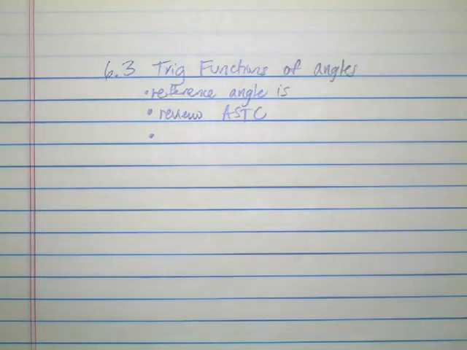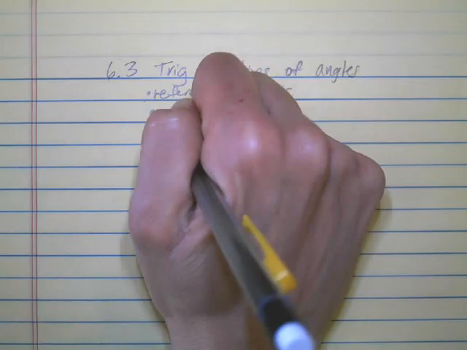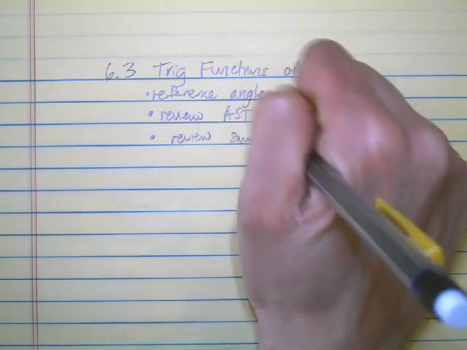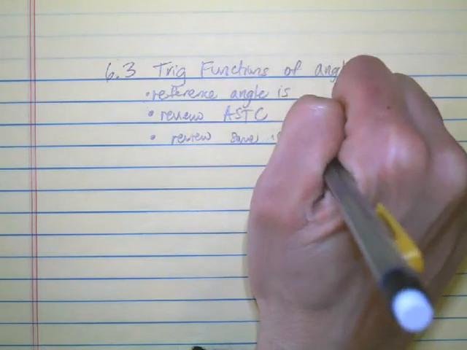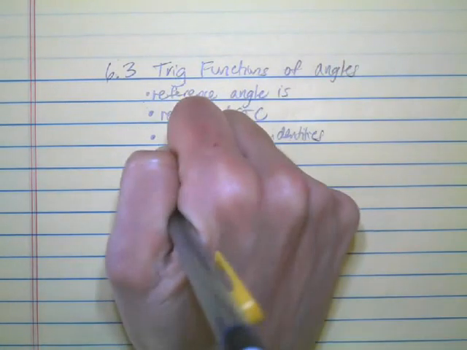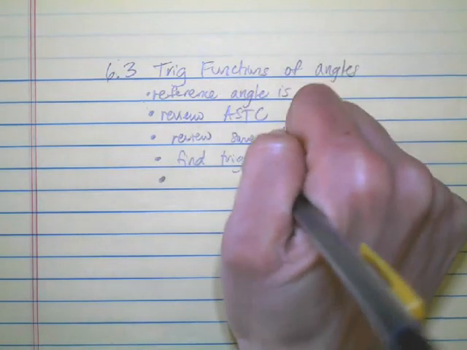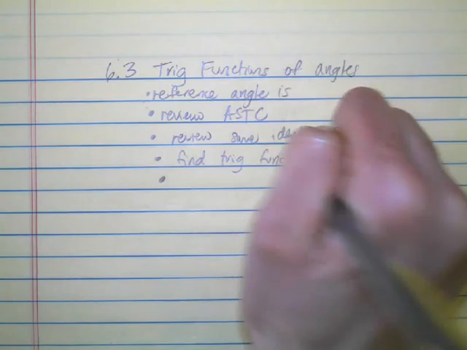And then we're going to review some identities that we used before. Then we're going to find trig functions. And the last thing we're going to do is find the area of a triangle.